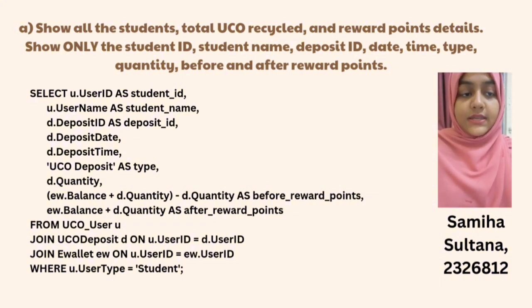u.user_id as student ID selects the user ID column from the UCO user table and aliases it as student ID. u.username as student name selects the username column from the same table and aliases it as student name. d.deposit_id as deposit ID selects the deposit ID column from the UCO deposit table and aliases it as deposit ID. d.deposit_date and d.deposit_time select the deposit date and deposit time from the same table.